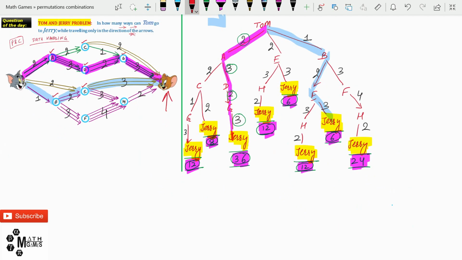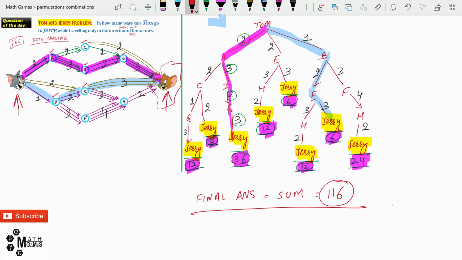I hope you have understood, and hence the final answer will be equal to the sum of all the numbers mentioned here, and that comes out to be 116. So there are 116 ways in which Tom can reach his friend Jerry.